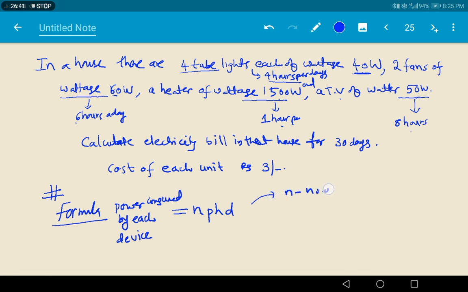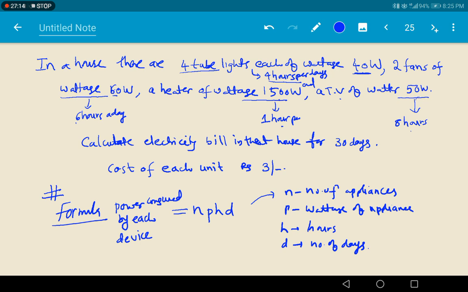N is nothing but the number of appliances. How many appliances are there? Next, P, wattage of each appliance. Wattage of appliance, that means device. H, hours, how many hours we are using it. And then D, number of days.